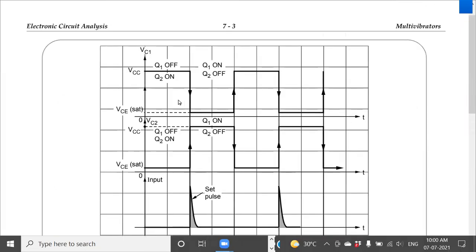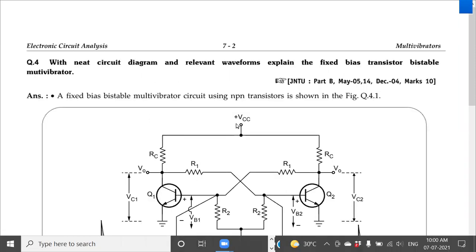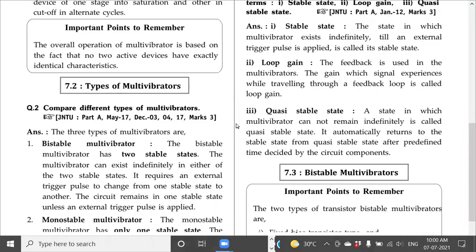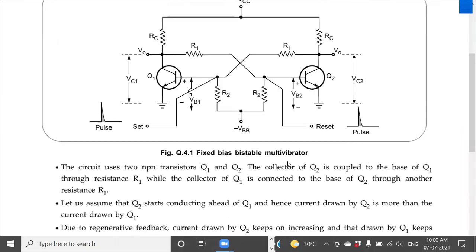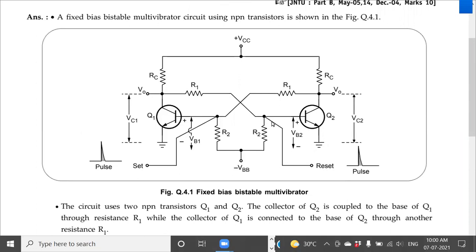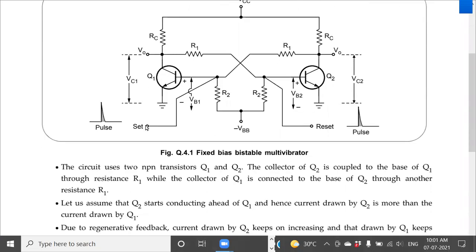When we give the trigger, VC1, which was initially high, will become low, and VC2, which was low, will become high. Again the same action here. If we give a pulse at reset, that will turn Q2 into on and Q1 into off.